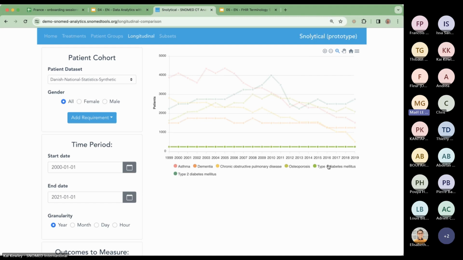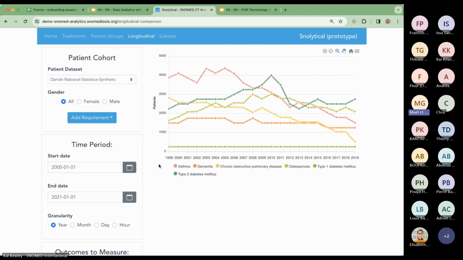This is incidence rate, remember, so it's the number of new cases per year, balanced based on the population size. For type 1 diabetes, nothing's really happening; it's just going along very steadily. Type 2 diabetes is going up towards 2010, and then it's coming tumbling down.